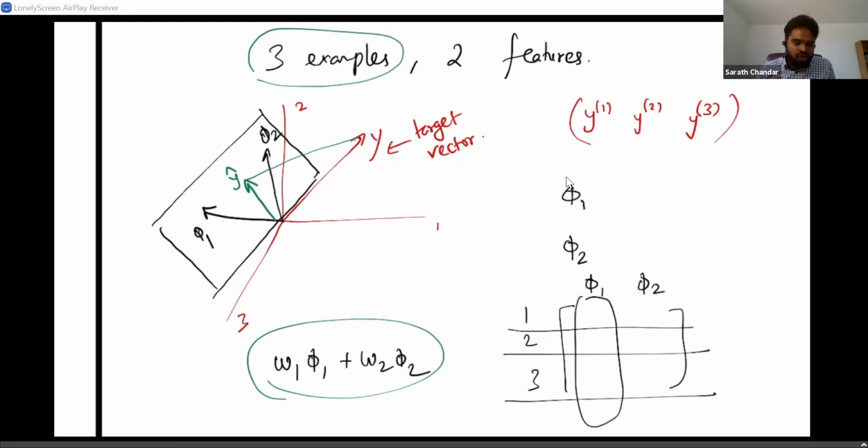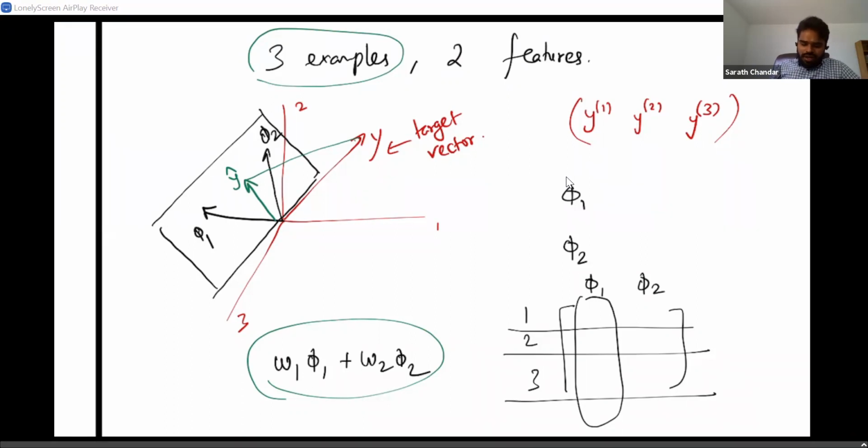It becomes a geometry question: what is the vector in this 2D space which lies as close as possible to y? That is given by the orthogonal projection of y onto this 2D space. Is that clear? Okay, thank you.